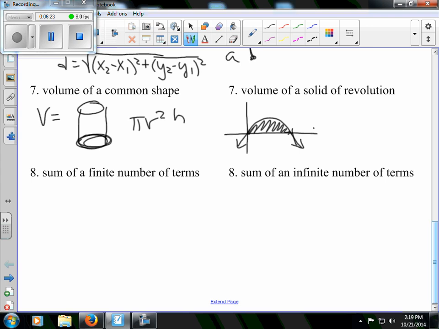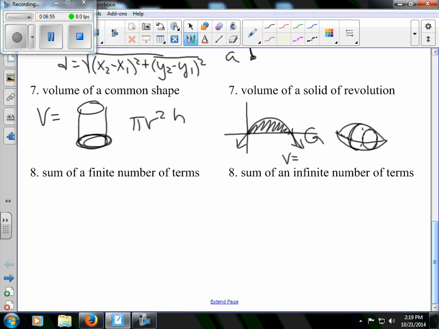But now we're going to take that area and rotate it around an axis, and we're going to talk about, if that area could be traced, then we would have a three-dimensional volume that would look, I guess, something like a football in this case. And so I'm talking about a three-dimensional volume here, and we'll find the volume of this using calculus. It does not fit in any one specific formula, but it will use something called an integral.